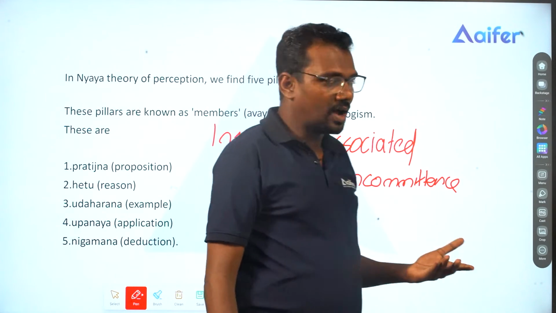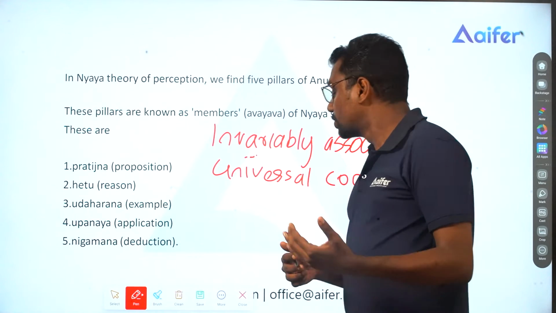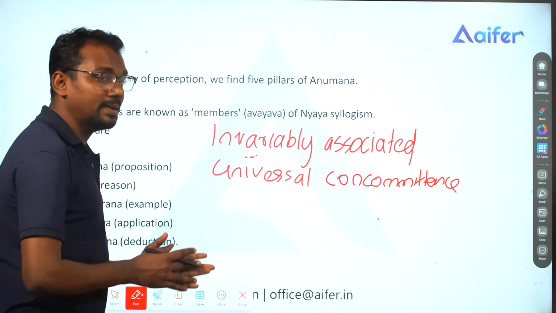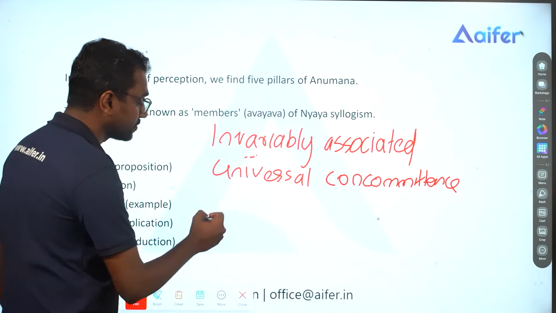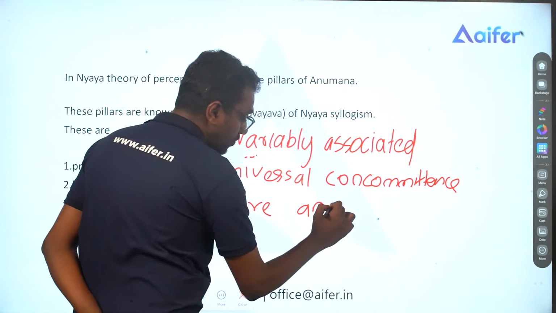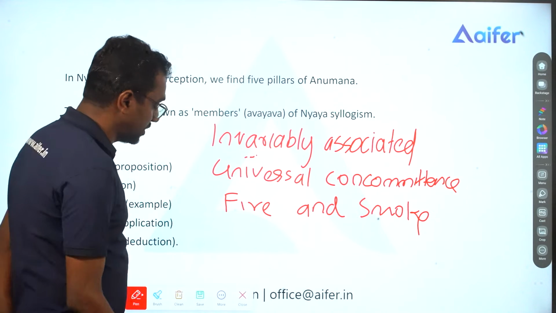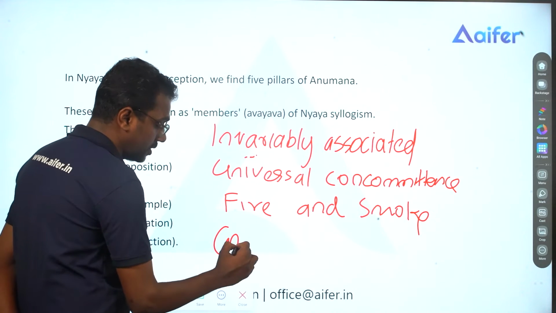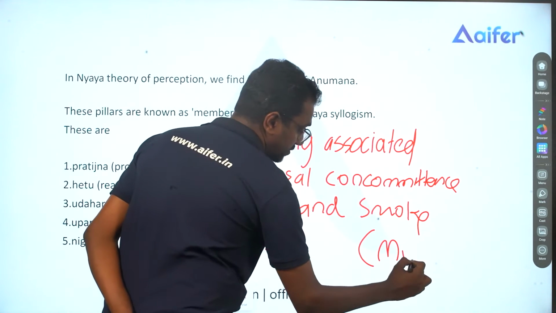Rahul and smoke, it doesn't happen everywhere, but fire and smoke, it happens everywhere. So here we have invariably associated universal concomitants between fire and smoke, which can also be said as fire is the major term and smoke is the middle term.